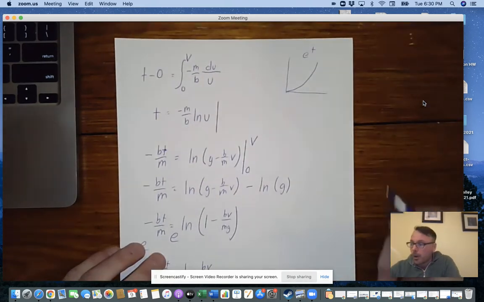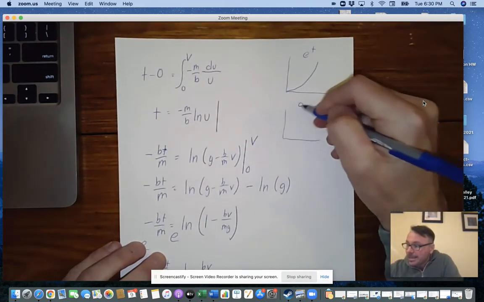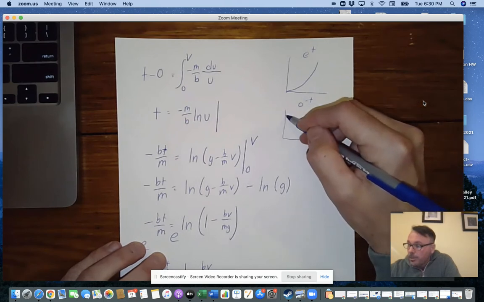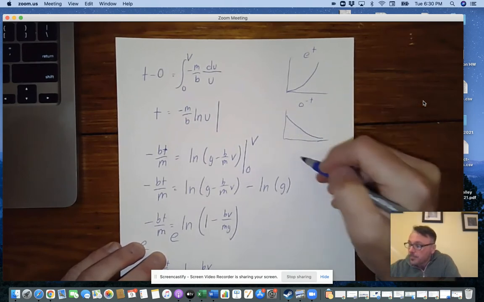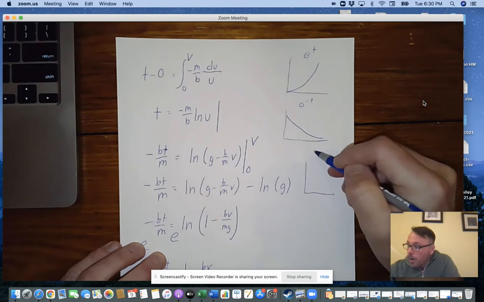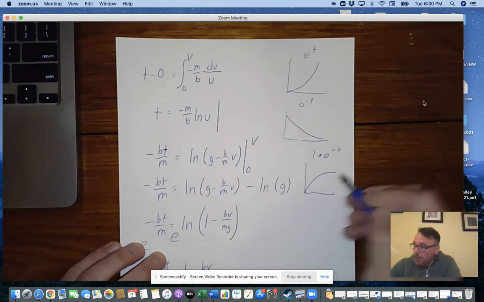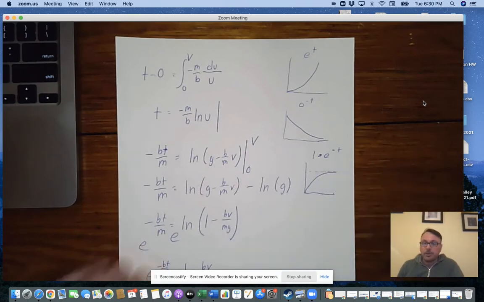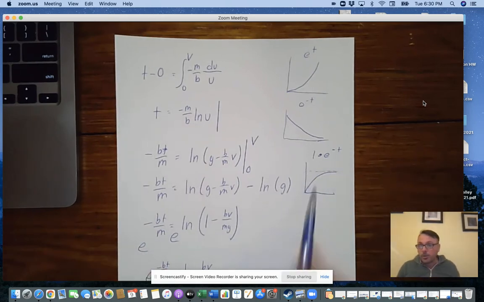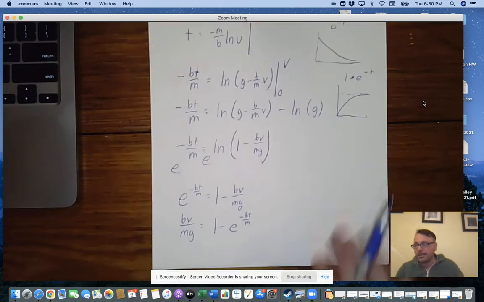That's your exponential growth. E to the negative something t was your exponential decay. And then your 1 minus e to the negative something t has this shape, where it has a horizontal asymptote, just to remind you. So we're getting that horizontal asymptote, and that's going to be great.